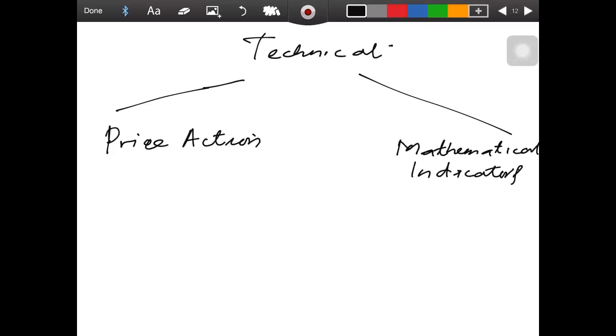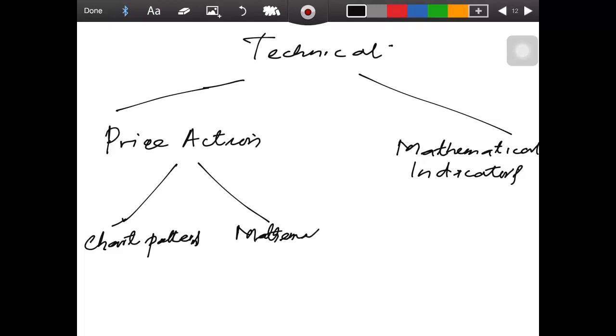Then under price action we can break it down further into chart patterns, and then we have mathematical indicators.